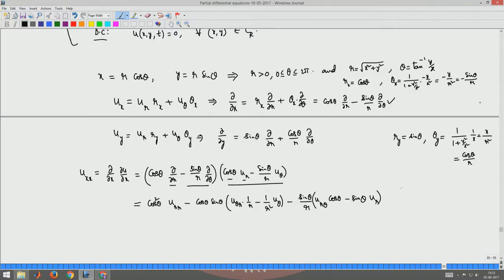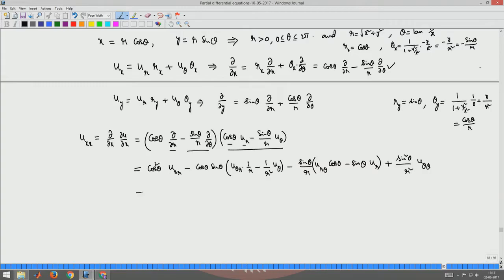So, that is what this one is, and minus plus, now you are acting on this one. So, you have sin square theta by r square u_theta theta. That is my u_xx. So, you have u_xx as cos square theta u_rr minus 1 by r u_theta r and 1 by r u_theta r.